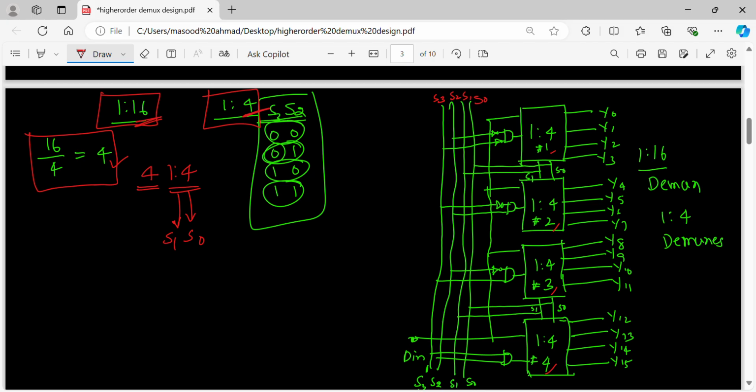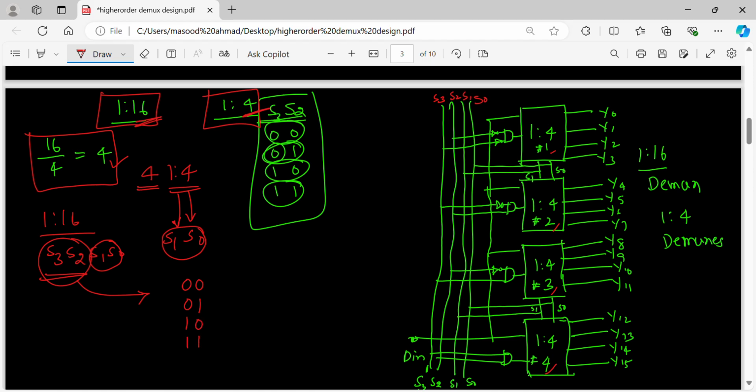If I look at 1:16, it requires 4 selection lines, S3, S2, S1, S0. S1 and S0 are used, so 2 are left over, right? This S2, S3, I am using to choose one out of the 4. I will choose one when 0,0, 0,1, 1,0, 1,1.